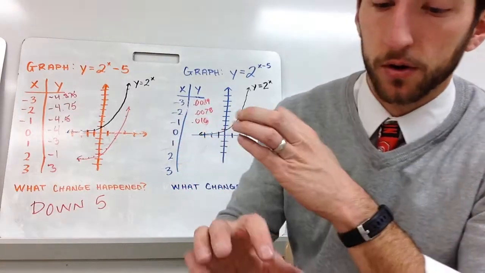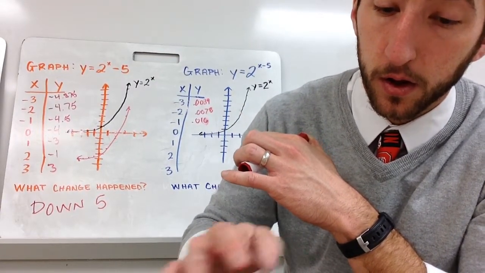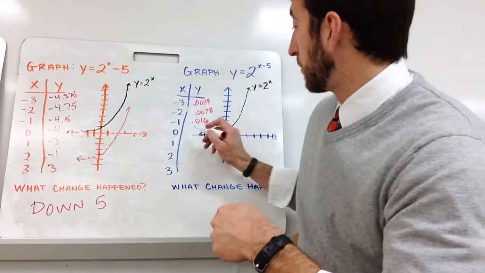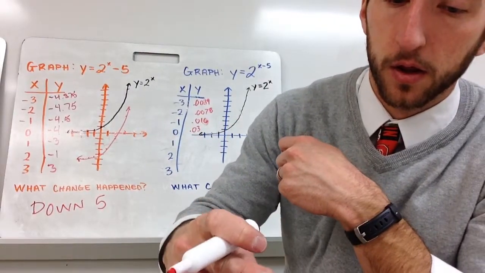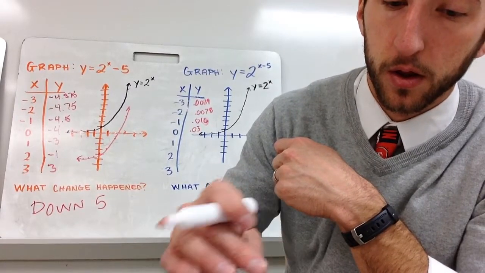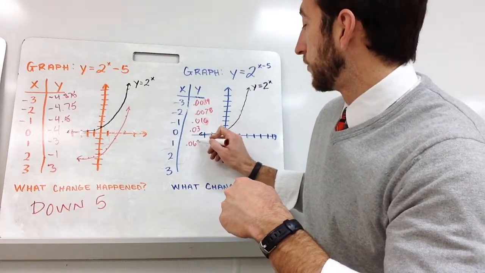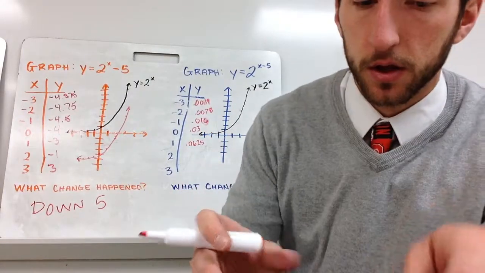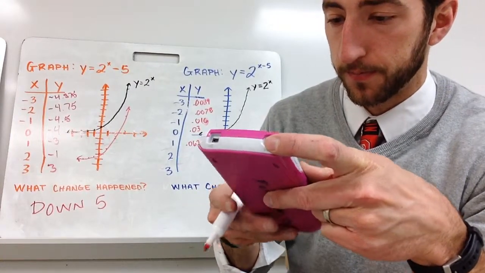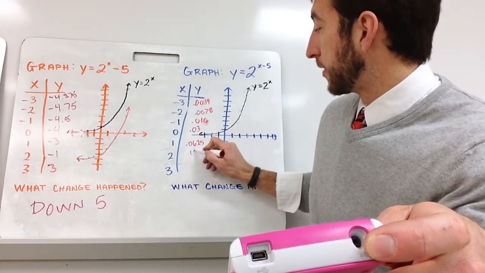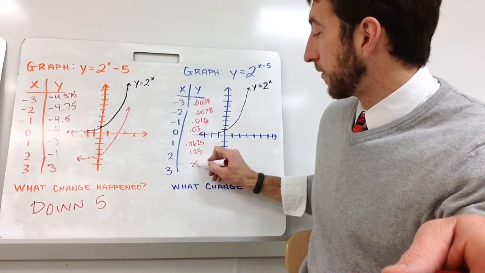At 0, 0.03. Then 0.0625. If you notice, there's kind of a trend that all these numbers are really small, but they're starting to grow. So this one would be 0.25.